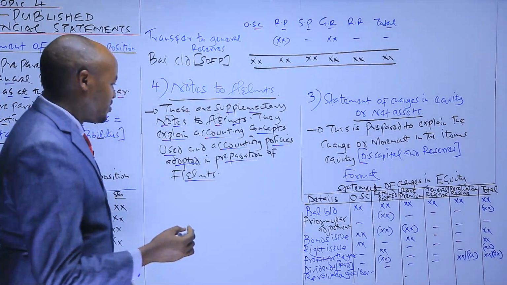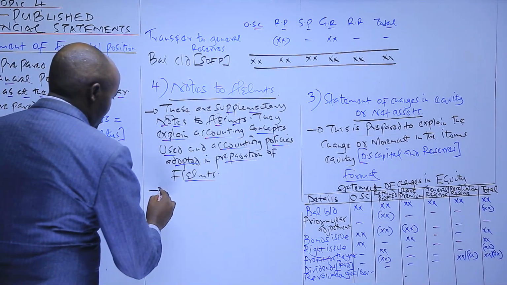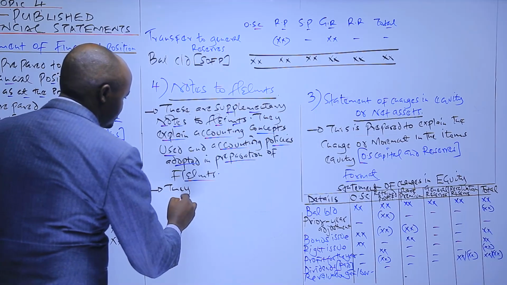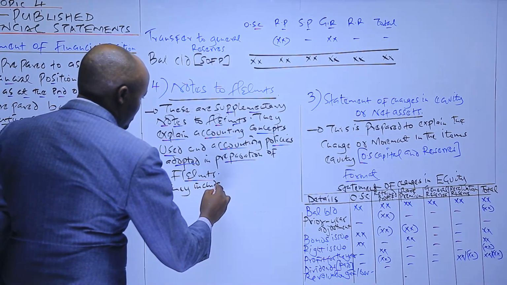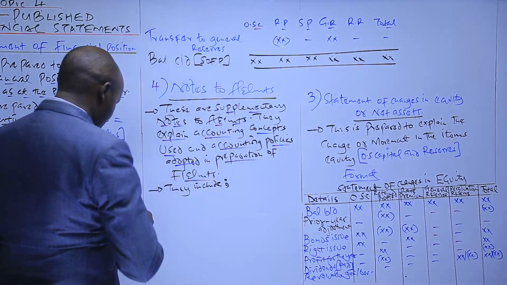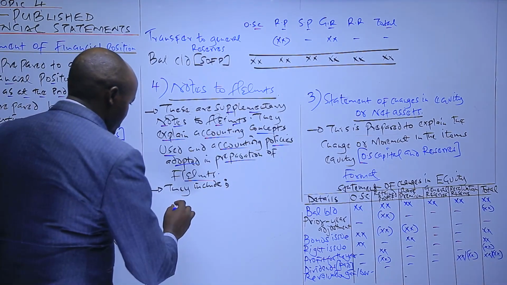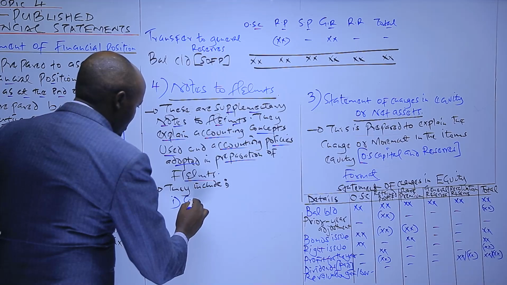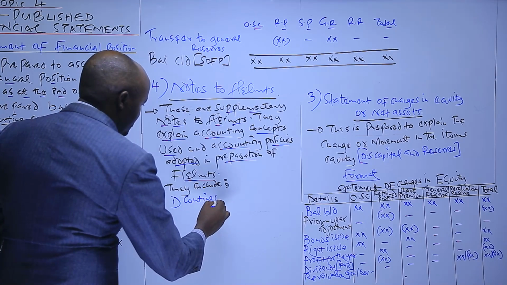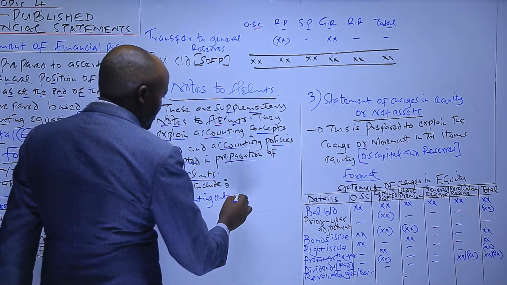Now, what should be included in these particular notes? They include a number of items. One, these notes include what we refer to as contingent assets and liabilities.